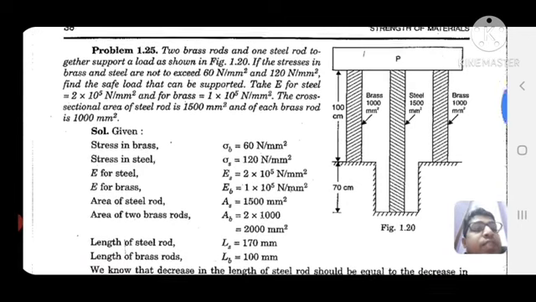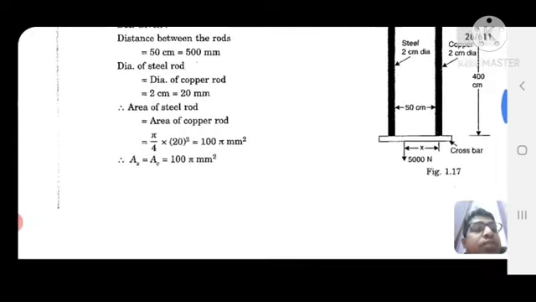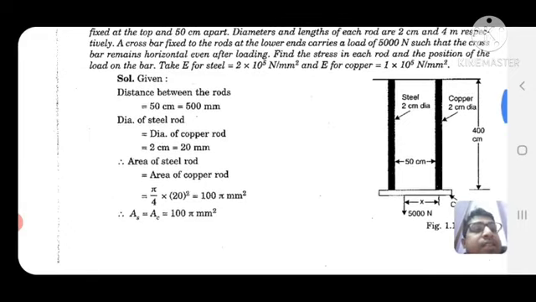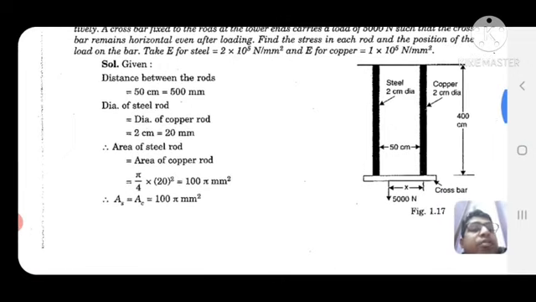When you solve the previous problem, you get AS, AC, and then the load corresponding to it. Try to solve this one; some hints are there.